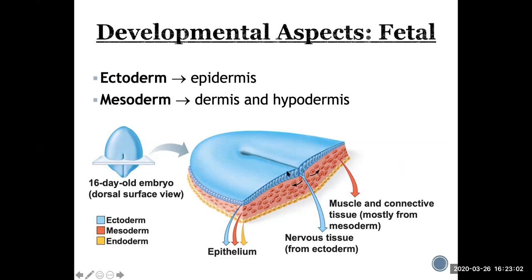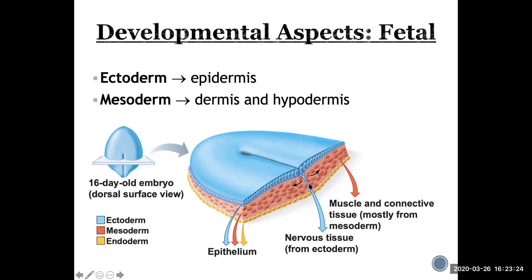The predetermined differentiated dorsal surface cells are called the ectoderm, and that's in blue in this picture. All the cells on the ventral surface are going to end up being endoderm and everything that endoderm ends up producing.